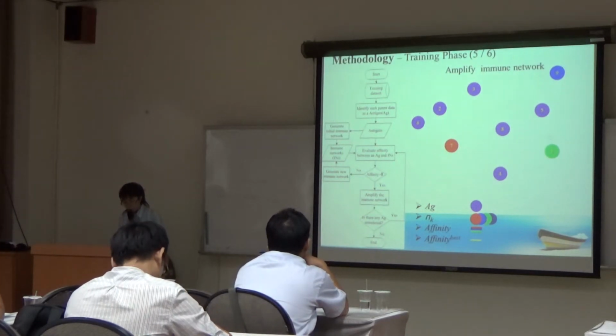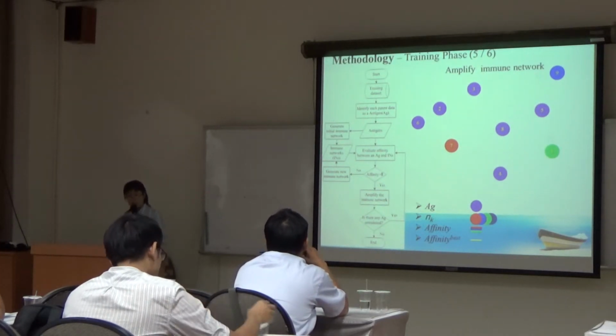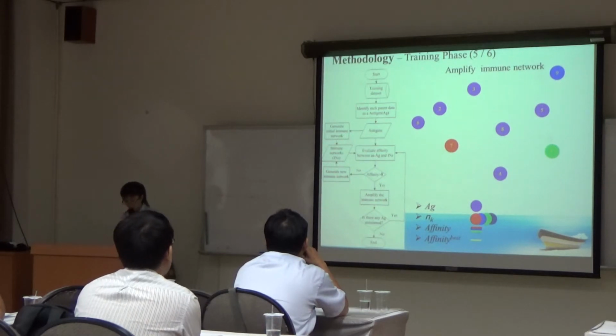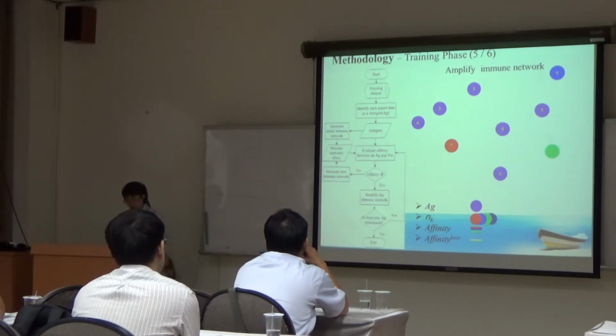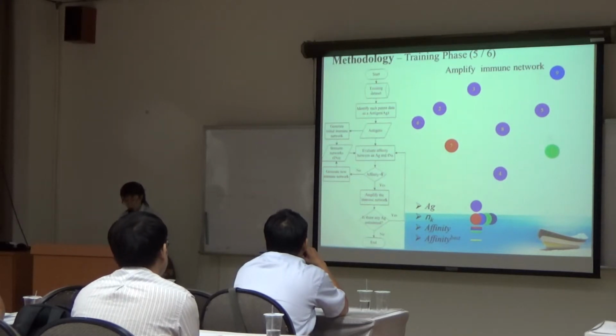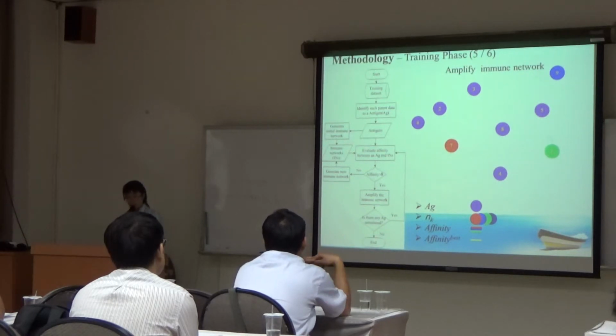After generating the initial immune networks, the immune network evolves by including the remaining antibodies in the system, so as to amplify the immune network or produce other new networks to enhance the immune capability of the system.